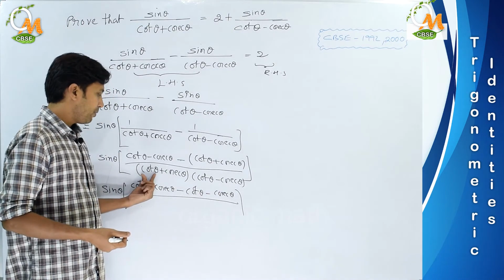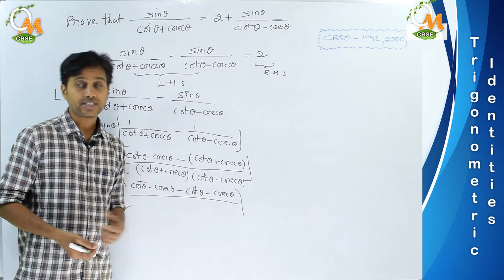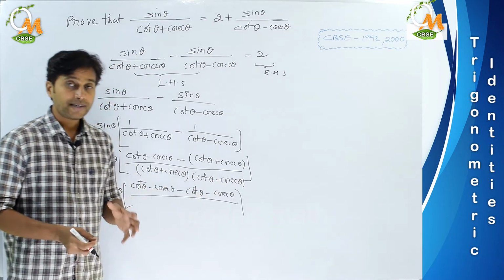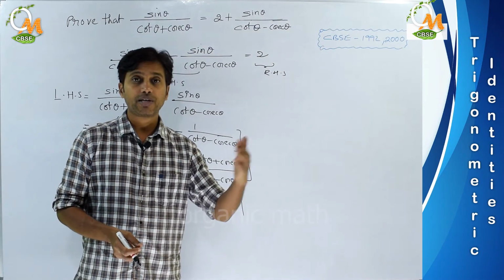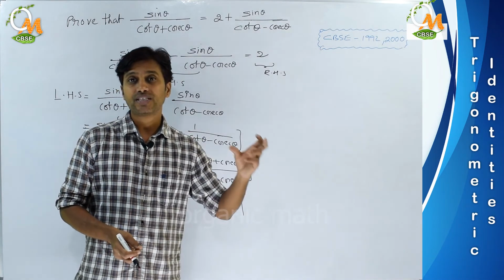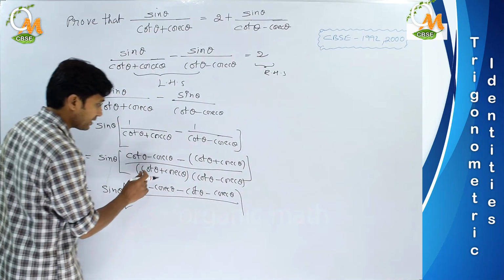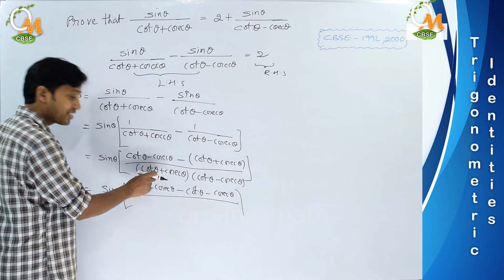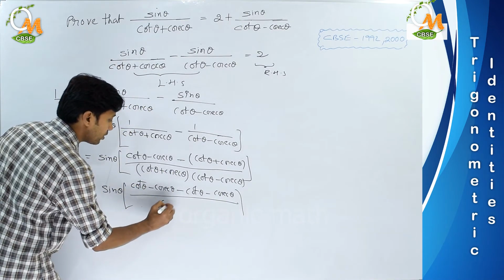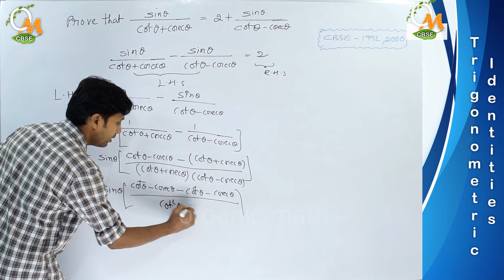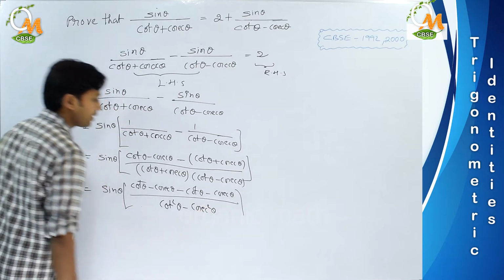This is in the form of a plus b into a minus b, which can be written as a square minus b square, a standard algebraic formula. So a is cot theta and b is cosecant theta, therefore we get cot square theta minus cosecant square theta.